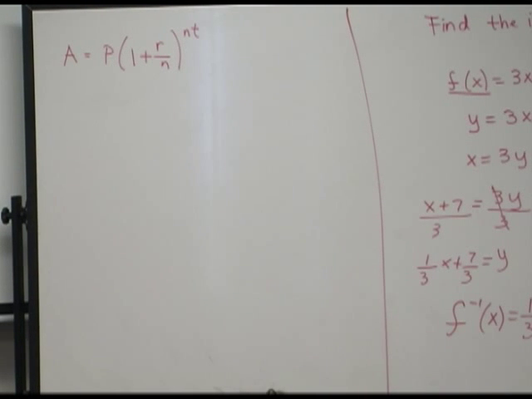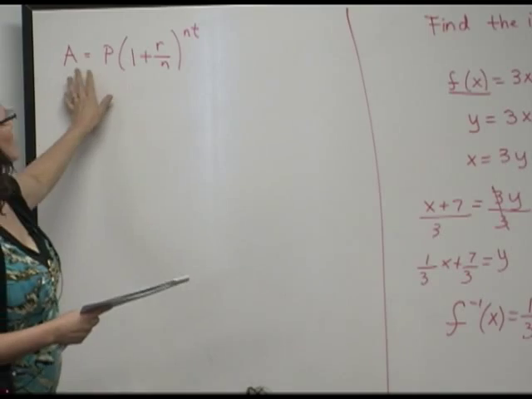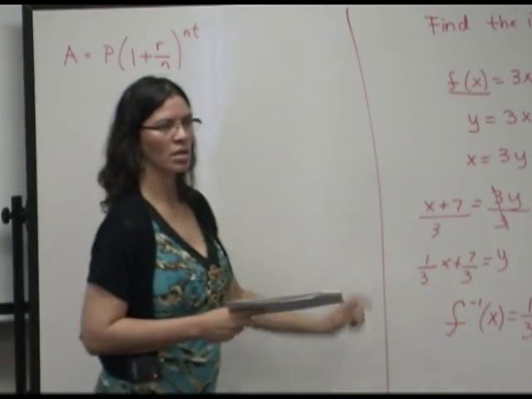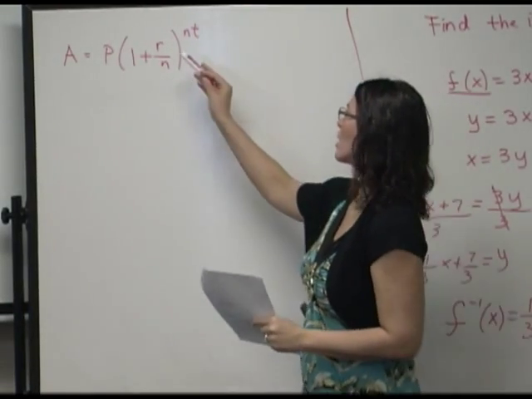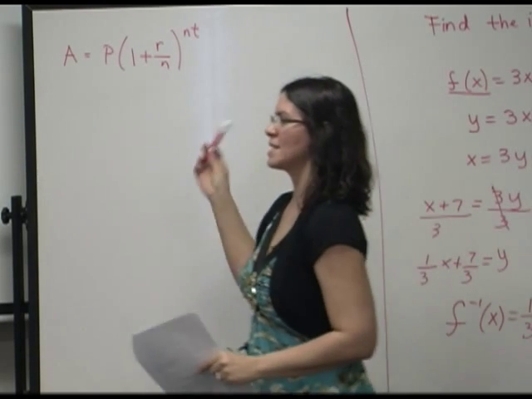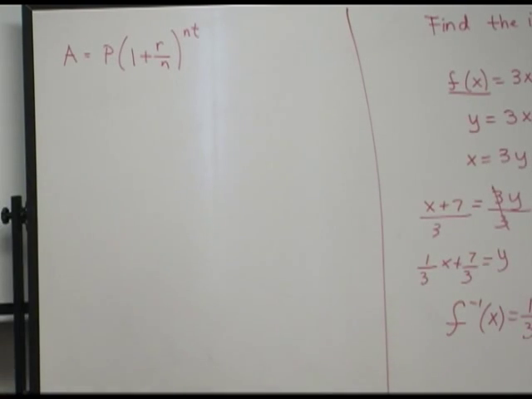Compounded continuously, right? Now, what is A? This is the total amount. Future amount. What is P? Amount invested. The principal. What is R? Rate. And what is N? Time. No, T is time. N is what? Number of compounding periods per year.